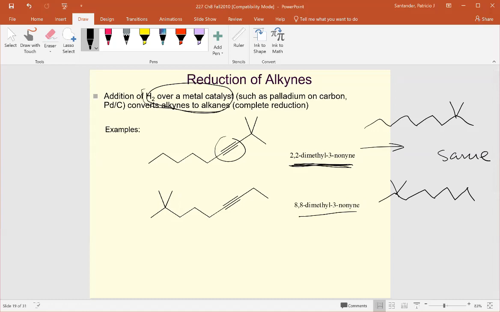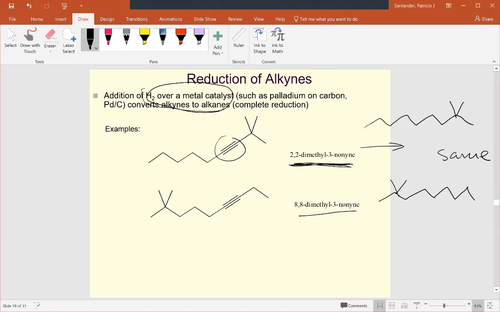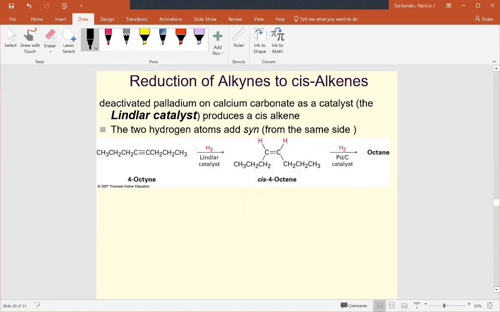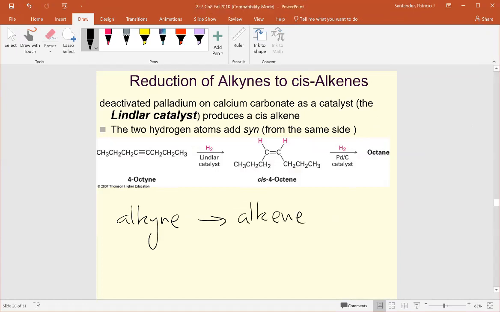And then we had the two methods of partial reduction. We can say partial reduction because we are going from an alkyne to an alkene. And this is interesting.